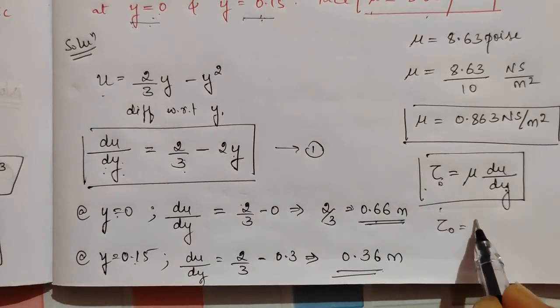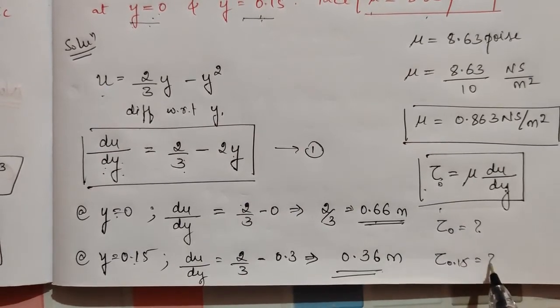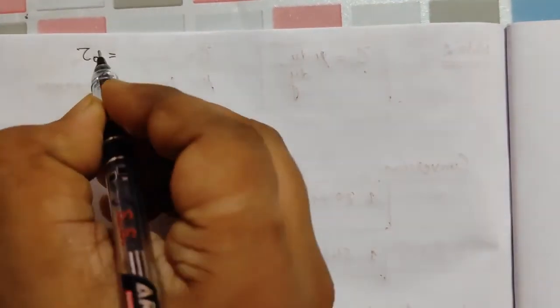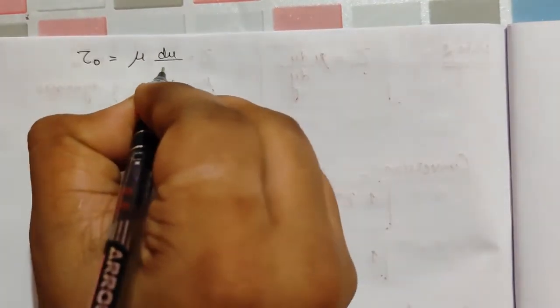Now we need to find shear stress at y equal to 0 and shear stress at y equal to 0.15. We'll do it on the next page. So tau is equal to mu into du by dy at y is equal to 0.